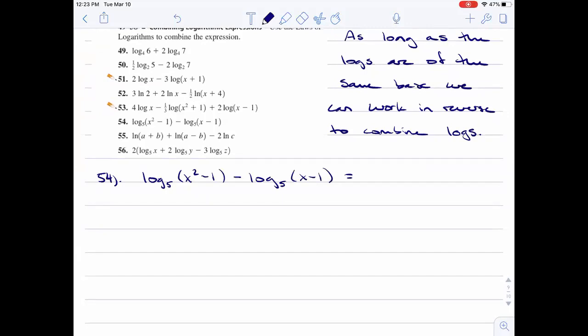Because I've got log base 5 on both of these, I am able to combine them. And because I'm subtracting, I'm going to have the log base 5 of x squared minus 1 over x minus 1. So that one's not bad. And I can still say which law I used. This is law number 2, just in reverse.